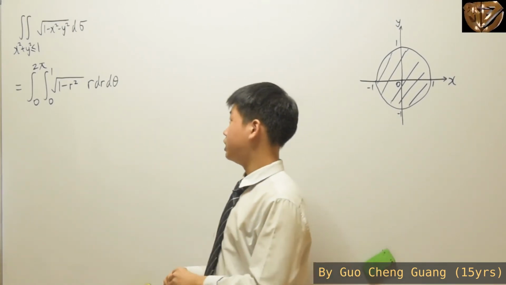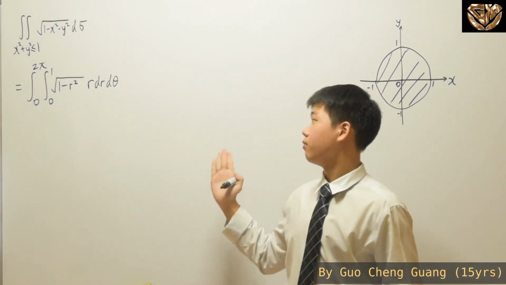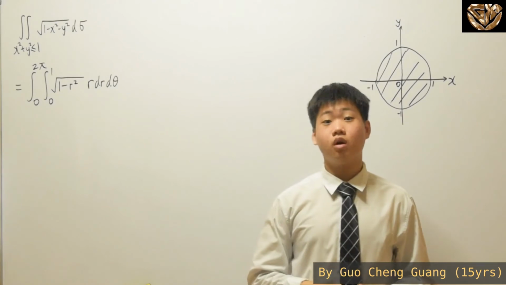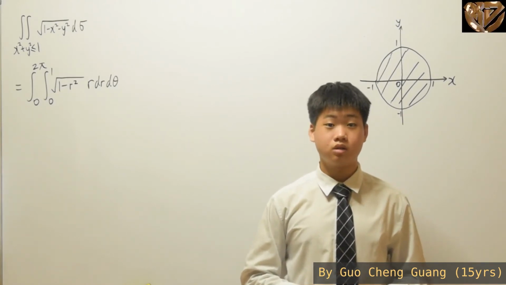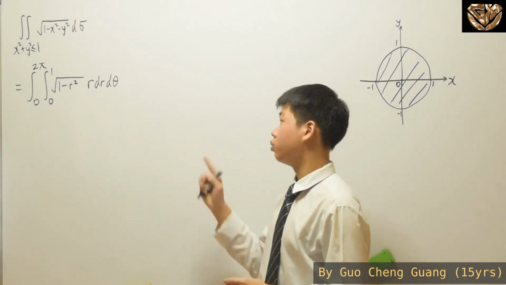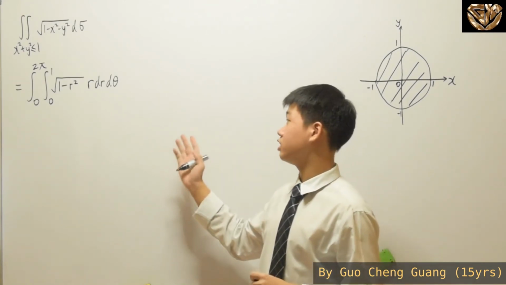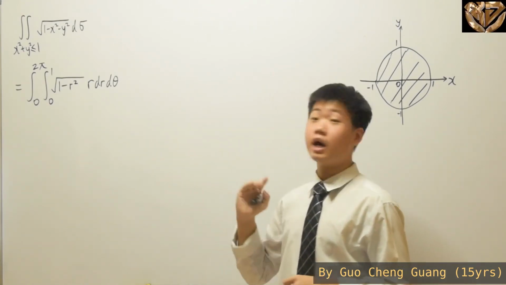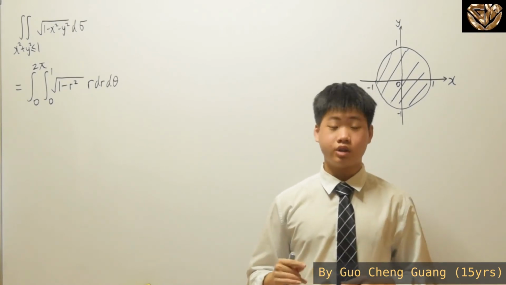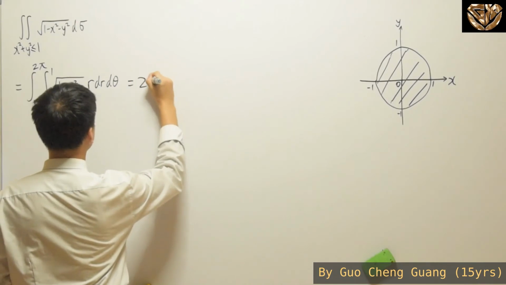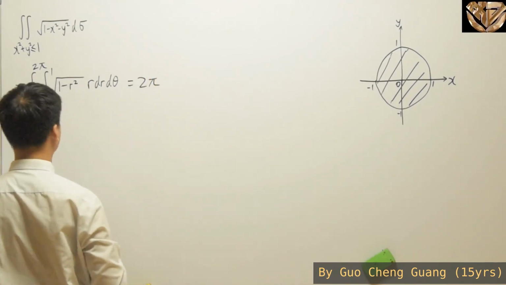Now in this part of integration, there are many parts with r, and the only part with theta is essentially integrate from 0 to 2 pi d theta, which you can integrate directly to get 2 pi, alright?